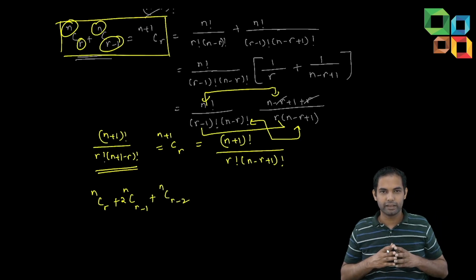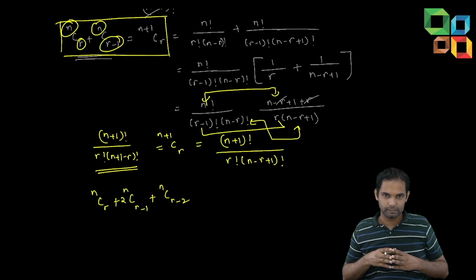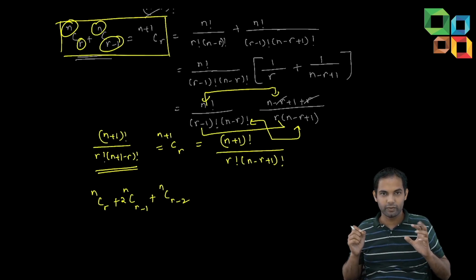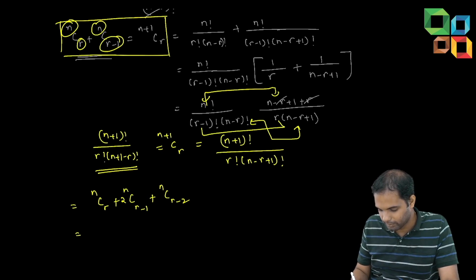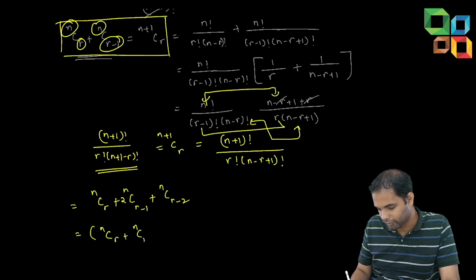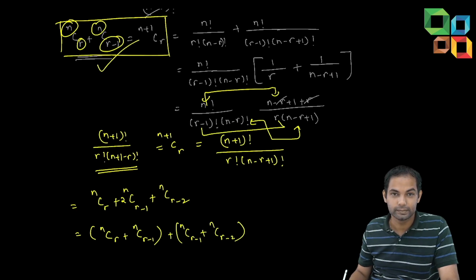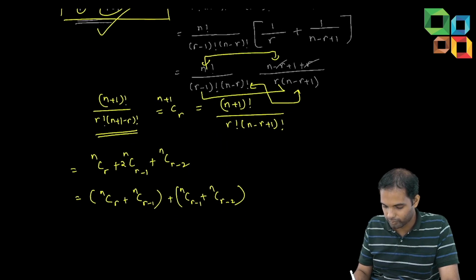Now, in this problem, they can even give you the value of n instead of randomly giving. So instead of calculating each of the values, look at what can be done. I'll just combine the terms nCr and nCr minus 1. And I'll combine the terms nCr minus 1 plus nCr minus 2. Because I want to use this property, that's all. What is it according to the property?